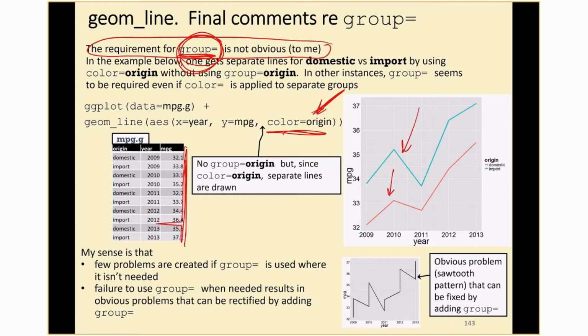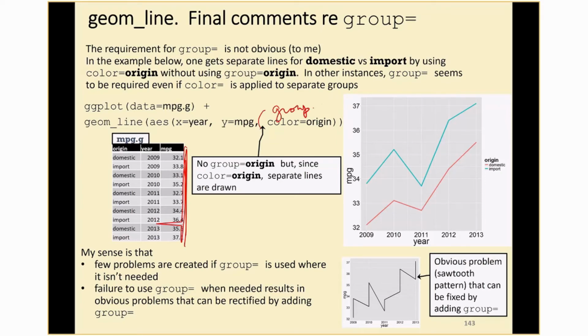The good news is that in a case like this, if I had group equals origin, it wouldn't have created any problems. The other good news is, in those circumstances where grouping is needed and you fail to group, usually things blow up in a spectacular fashion and you get something that looks really weird like this guy.